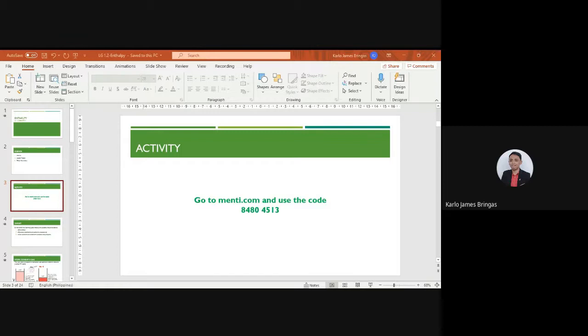So again, please go to menti.com and use the code that you see on the screen to be able to participate in our activity for today.